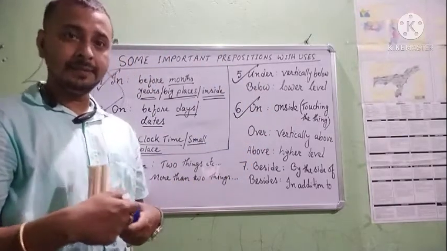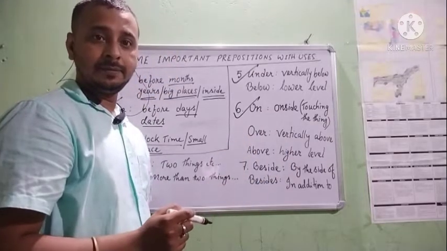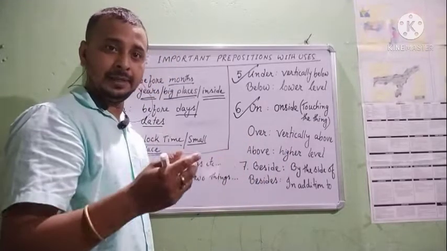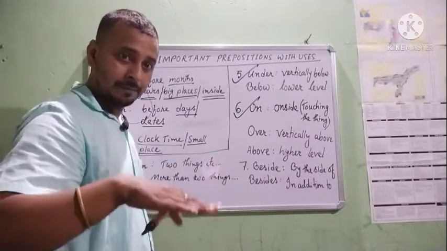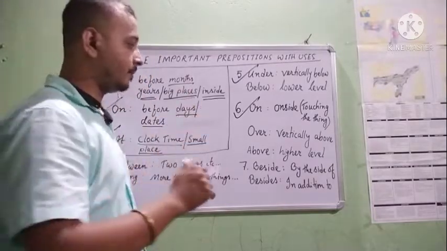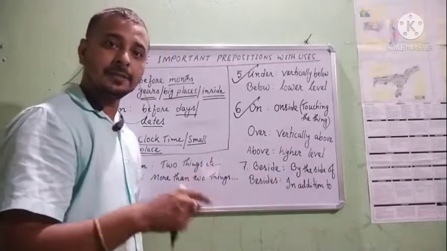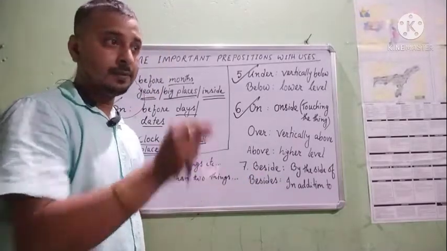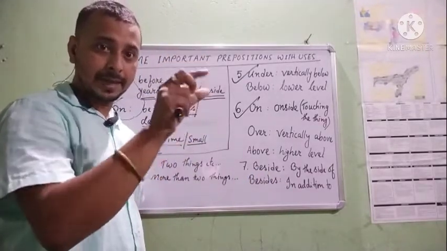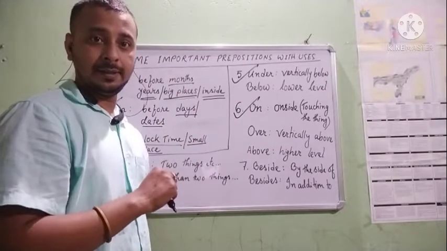Next, beside and besides. Beside means by the side of. Please sit beside me. That means you sit by the side of me, next to me. This is beside. But if I say besides, besides means in addition to. Means plus. Like, besides you, I was also there.